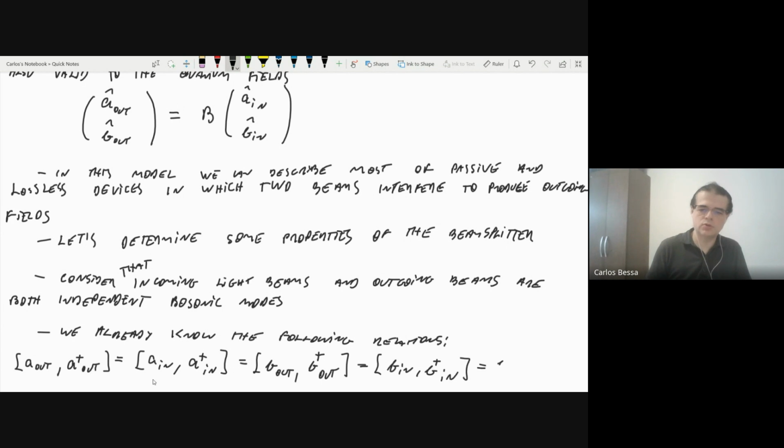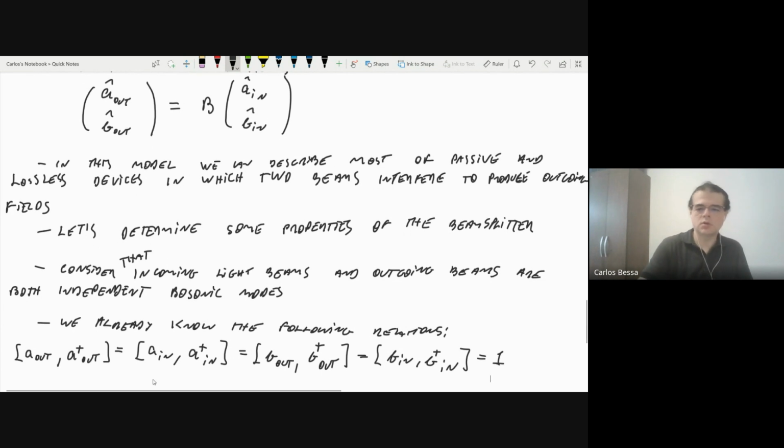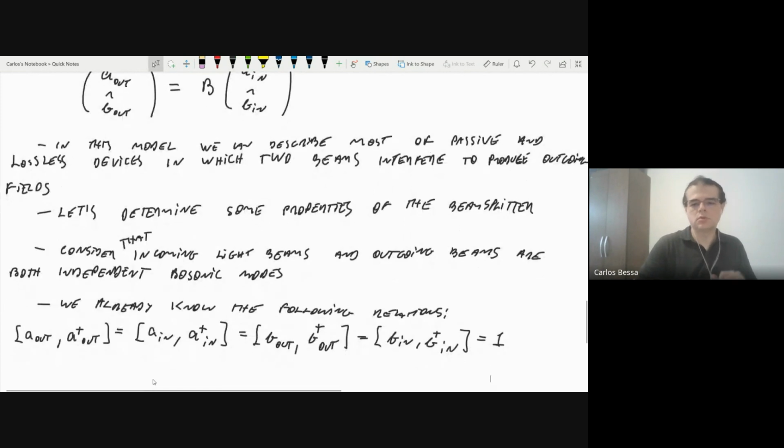This is equal to 1. We saw this when we were quantizing the harmonic oscillators.